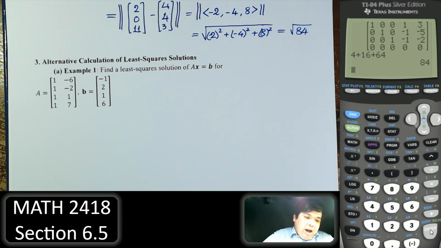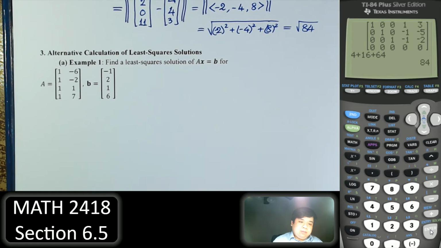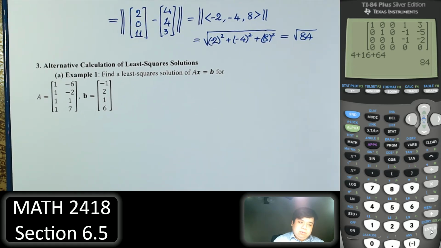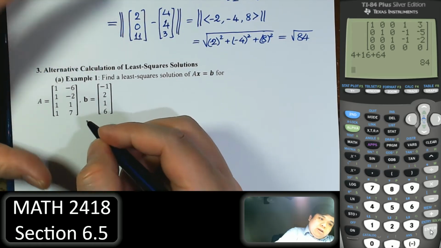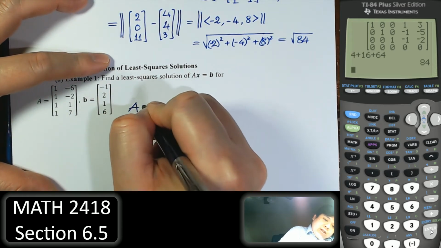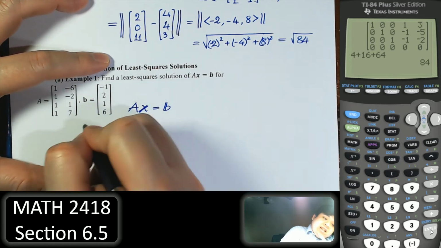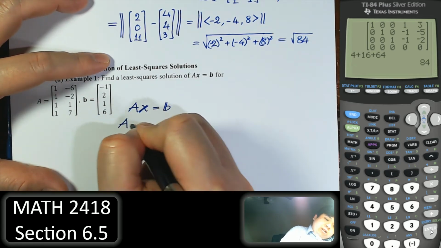Right, next, find the least square solution of Ax equal to B for this. So once again, from Ax equal to B, multiply by A transpose on both sides.